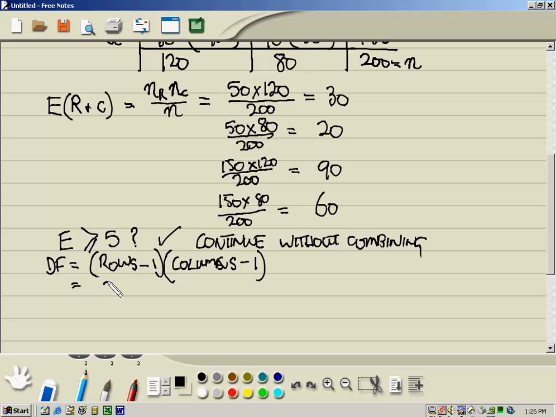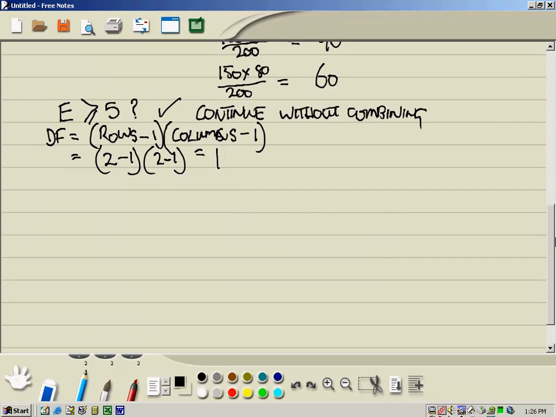Alright, this is the very simplest table. It's got 2 rows of observed data and 2 columns of observed data. So we have 1 degree of freedom, the smallest possible chi-squared table.